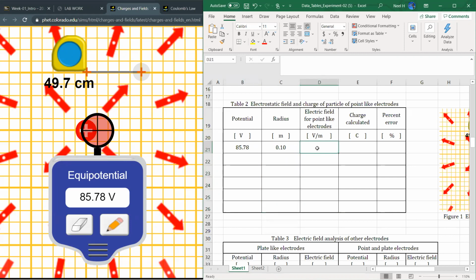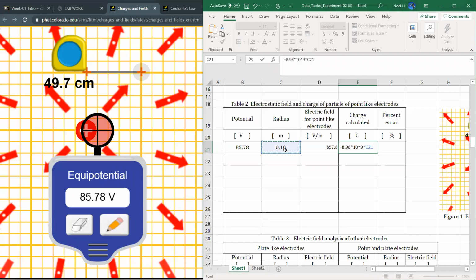And then let's do the electric field, volt per radius, and then let's take a look at the charge value. Let's calculate that too. Equal sign, K, 8.98 times 10 to the power positive 9, multiplied by r to the power 2.